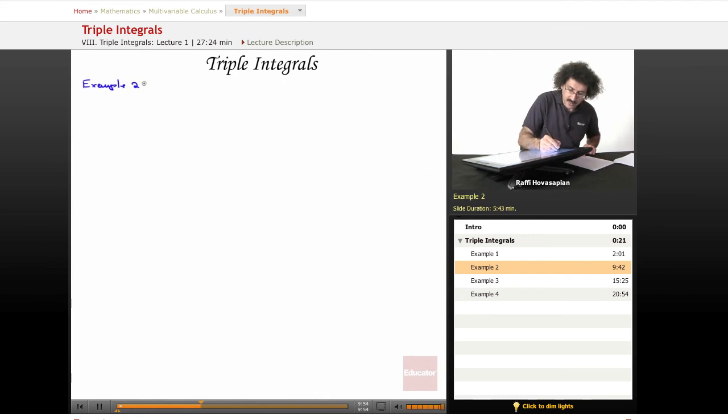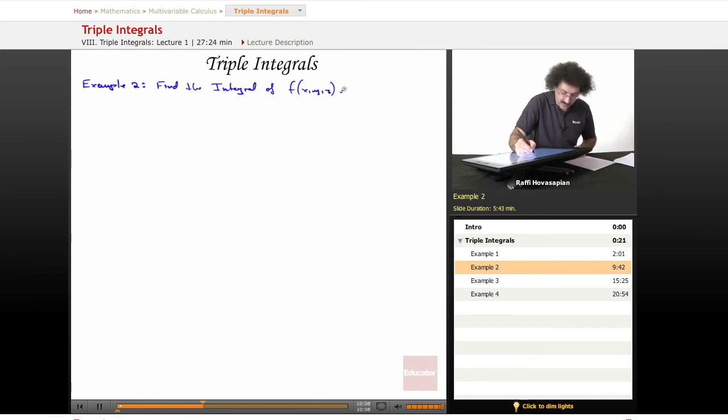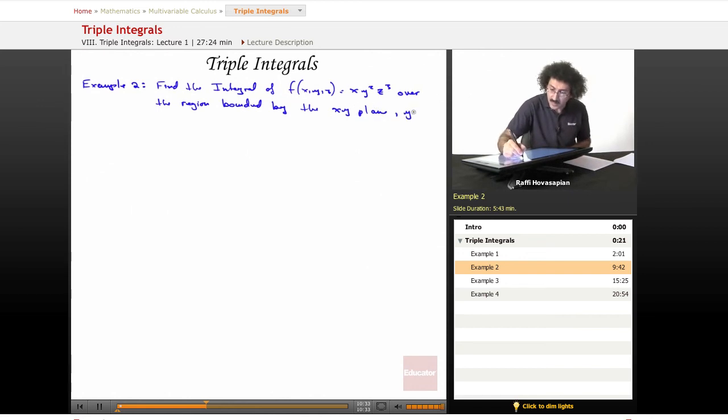Find the integral of f of x, y, z equal to x y squared z cubed over the region bounded by the xy plane, the function y equals x squared, the function y equals x, and z equal to x squared plus y squared.